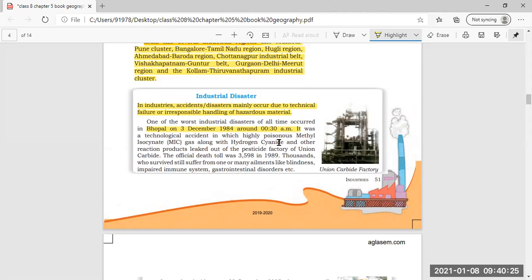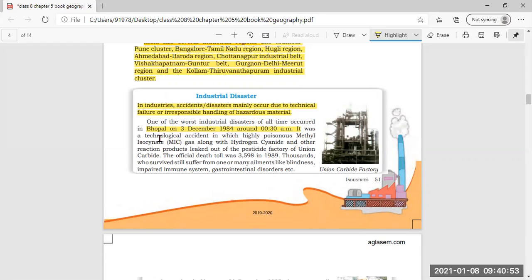It was a technological accident in which highly poisonous methyl isocyanate, called MIC gas in short, along with hydrogen cyanide and other reaction products leaked out of the pesticide factory of Union Carbide.